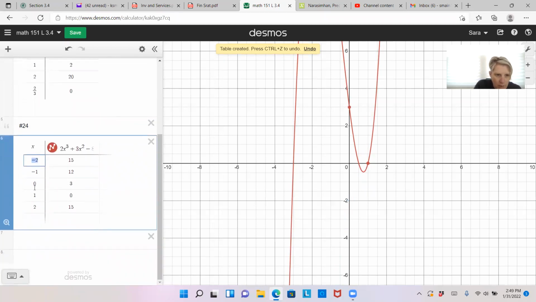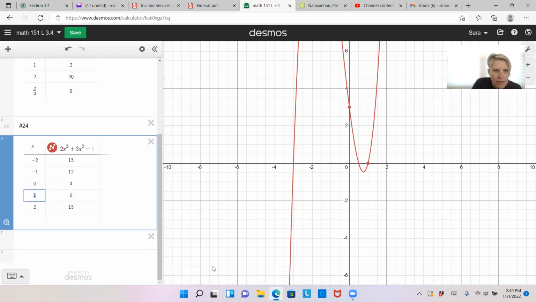Oh, I see 1 pops up right away. If a 0 pops up, you don't even have to check your list, you can start with that. And it looks like 1 is a 0. So we know that 1 is a 0, which means that x minus 1 is a factor.